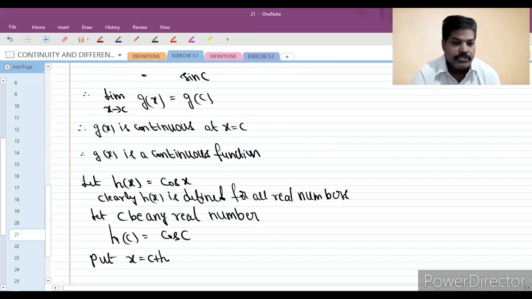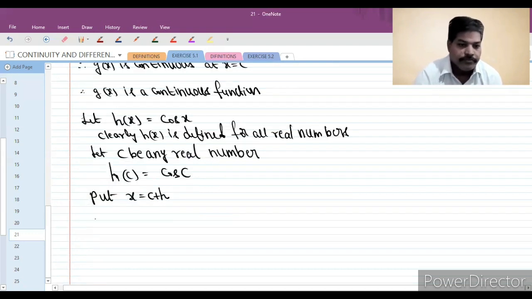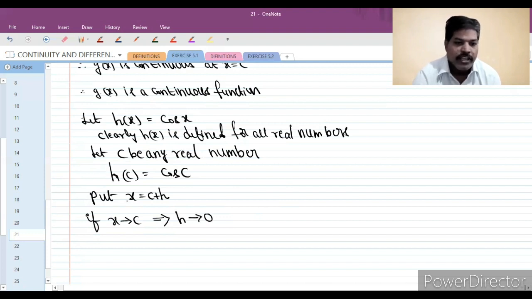So then what happens here? If x tends to c, then automatically h value tends to 0. Meaning if x is equal to c plus h, automatically h value will become 0.